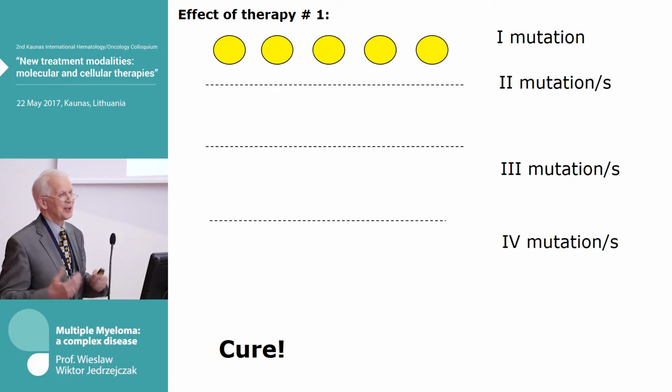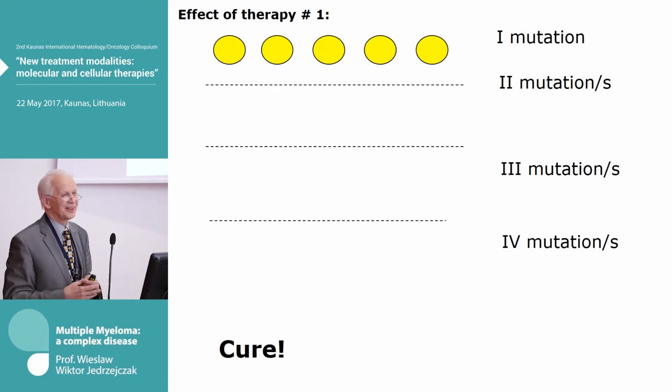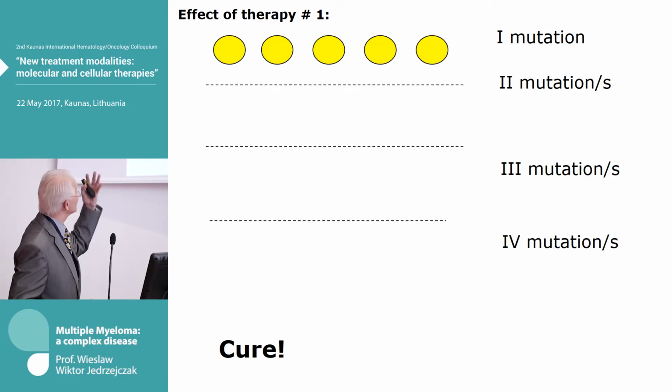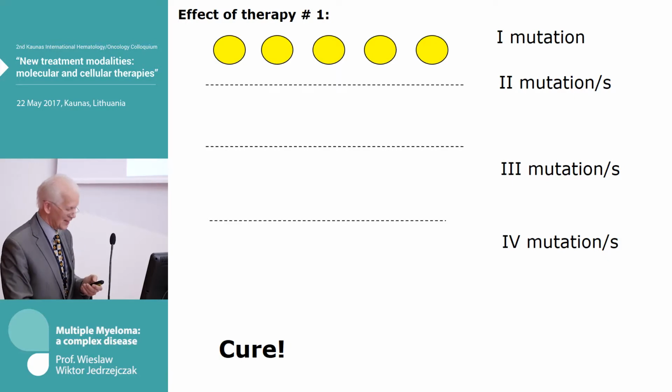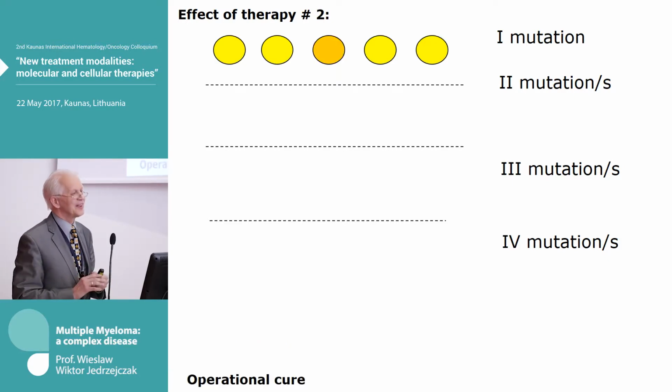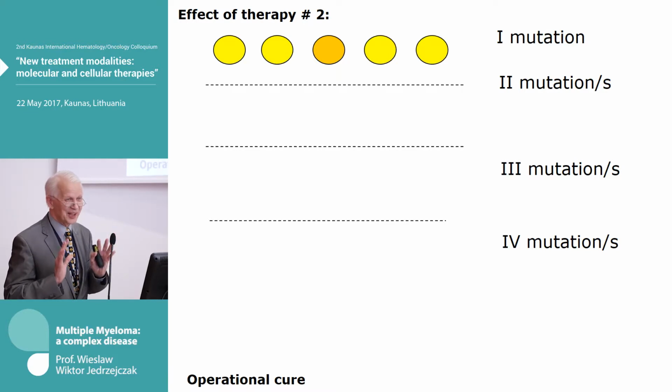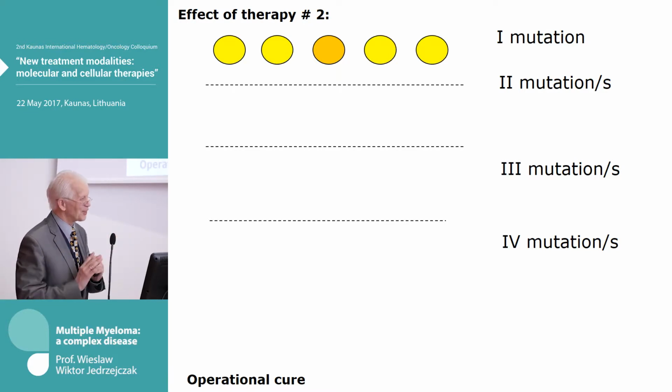So if we apply therapy, of course the dream result is that we will cure this. So then we will eradicate all these mutant cells. We actually would be satisfied if we just left the cell with one mutation, because this is monoclonal gammopathy. So in a way, for most of these patients it would be an operational cure.